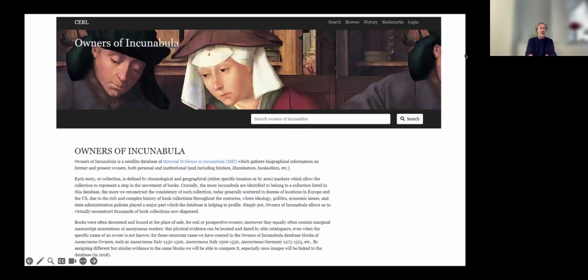And there are various other online sources out there which people have established. There are big databases relating to provenance around particular kinds of books, particularly 15th century books where a lot of work's been done. So Material Evidence in Incunabula, they've got a special database on owners, but that's only of 15th century books.